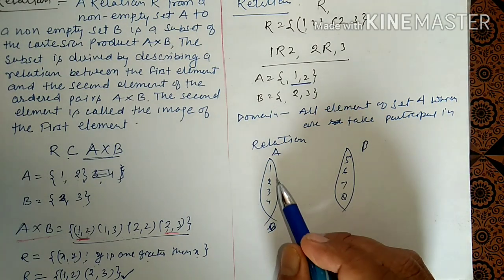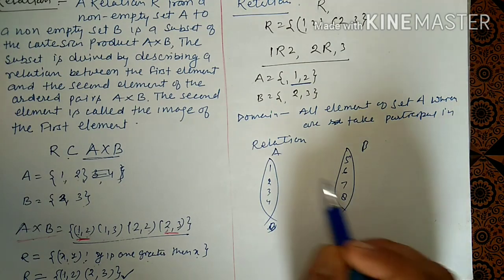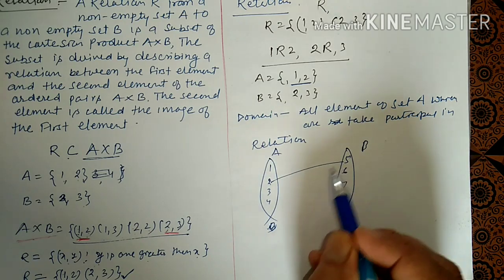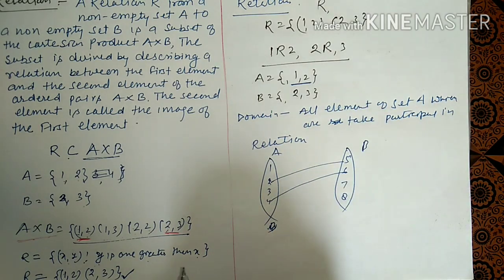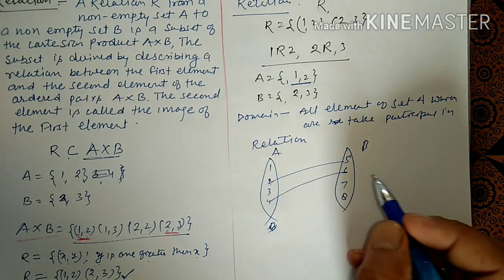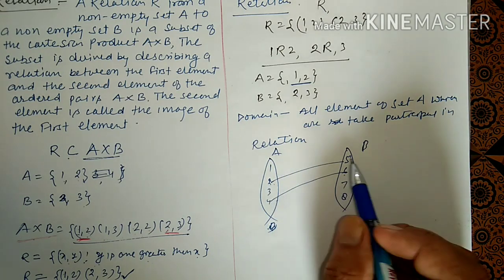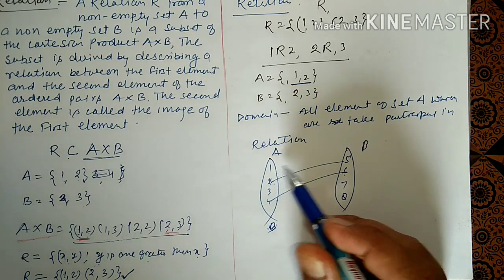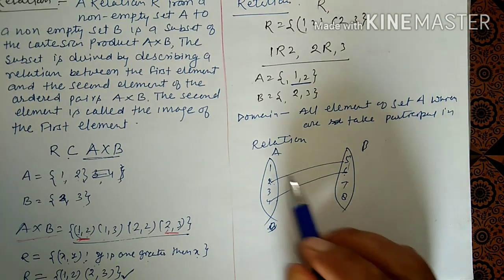Every element is related to the element 2 more than it. So 3 is related to 5 and 4 is related to 6. So we have only 2 relations, 3 related to 5 and 4 related to 6. So the relation is: the second element is 2 greater than the first element.